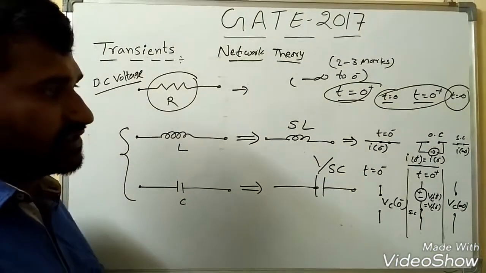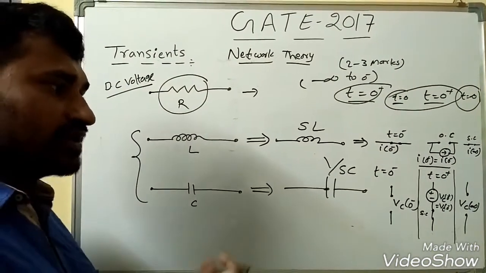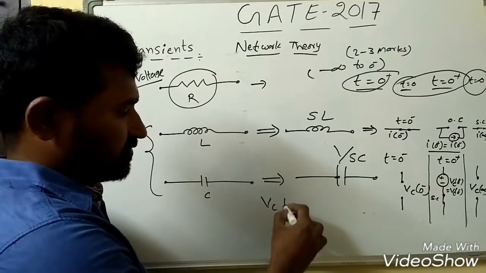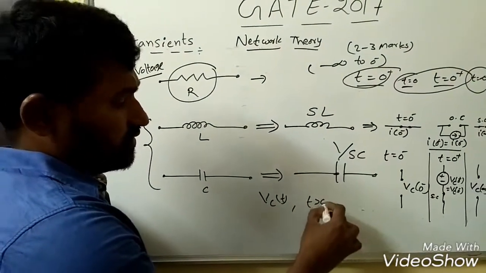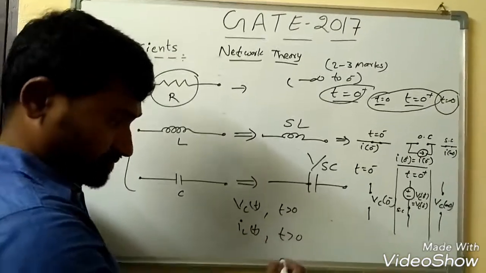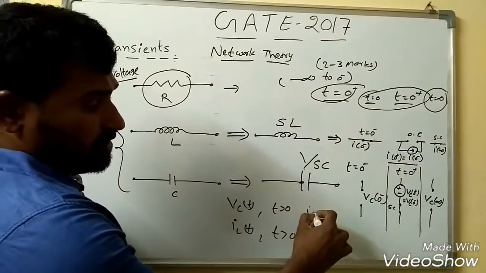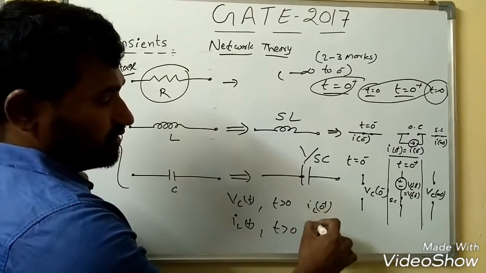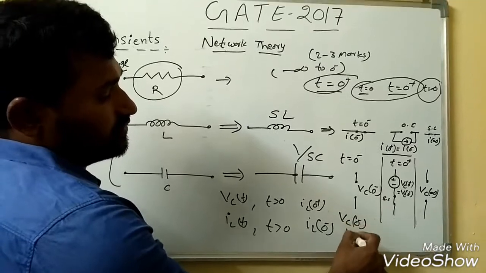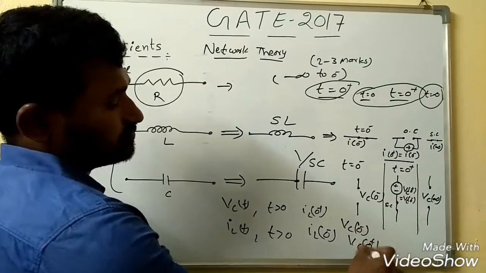Once you know this concept, you can apply it in the given circuit, and we can find Vc of t for t greater than 0, IL of t for t greater than 0, right? And IL of 0 plus, IL of 0 minus, Vc of 0 minus, Vc of 0 plus, and so on.